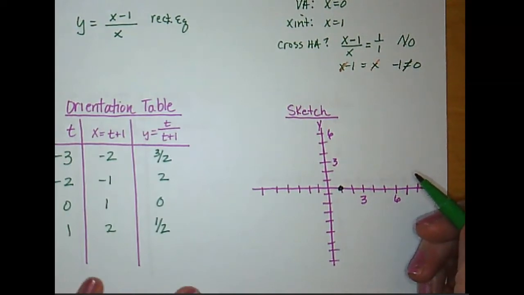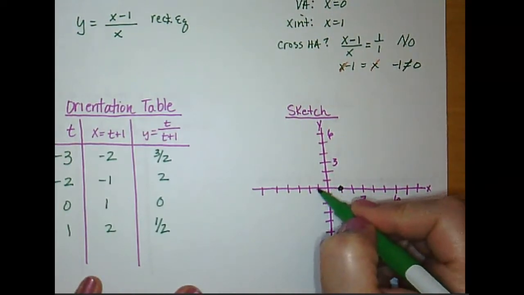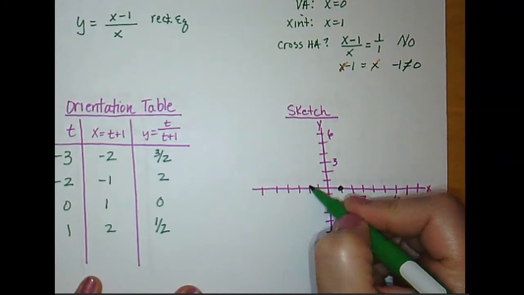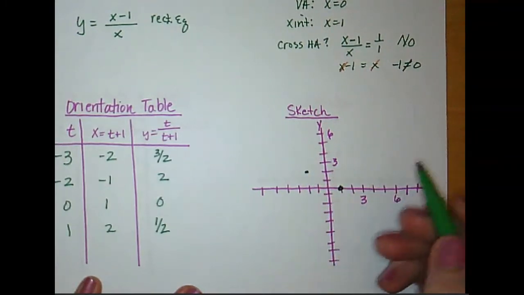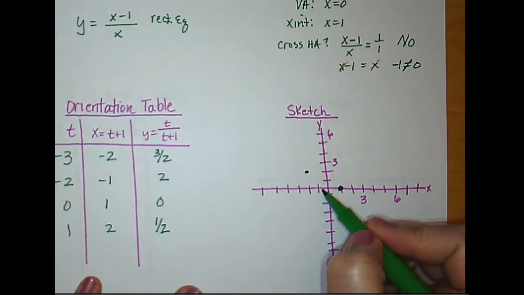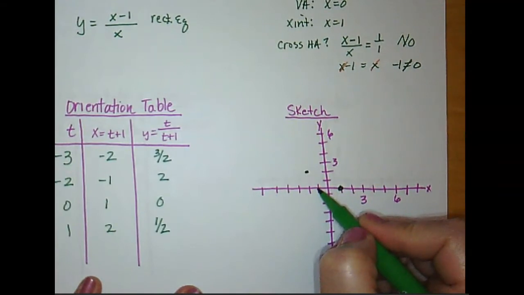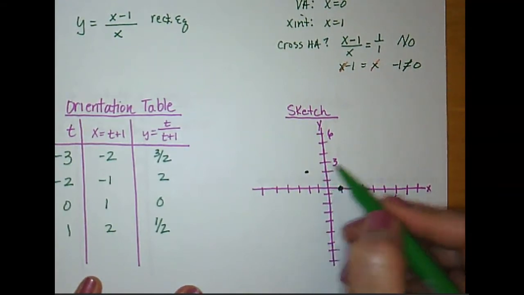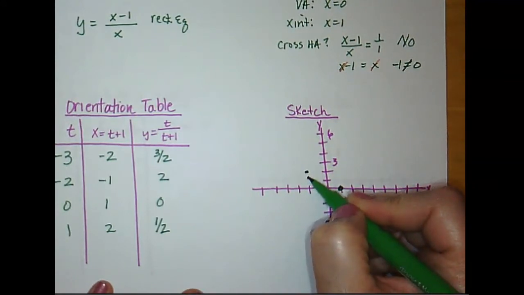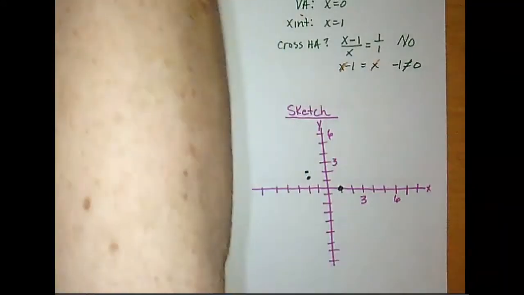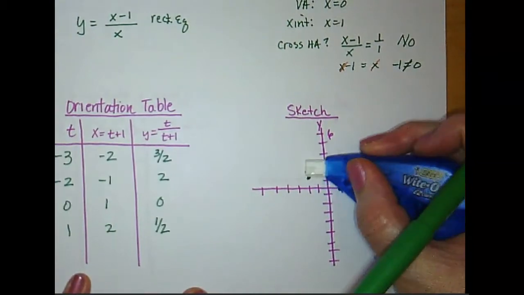I know that I have a -2, and then I have 1.5. I think I got off a little bit. -2, 1.5 should be right down there. And sorry about that.